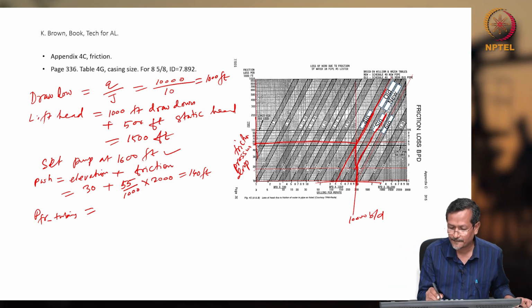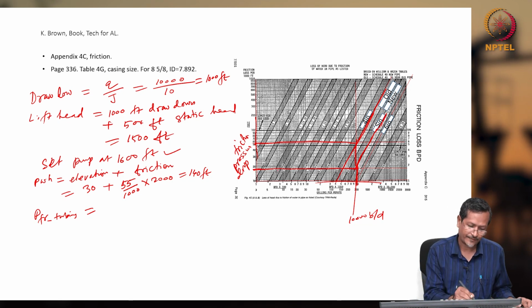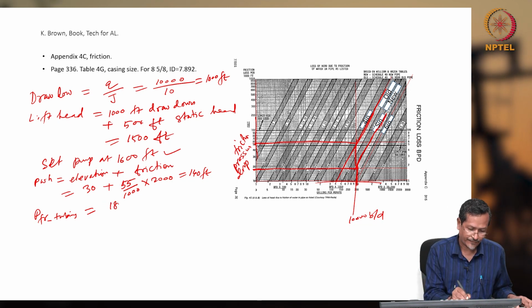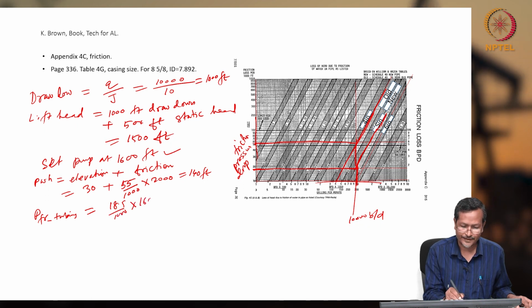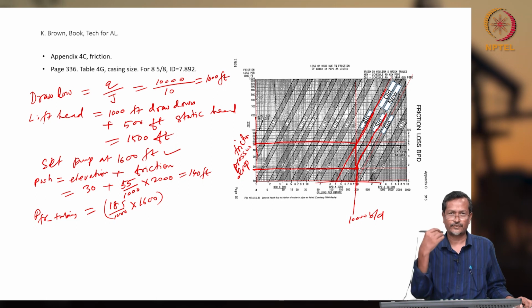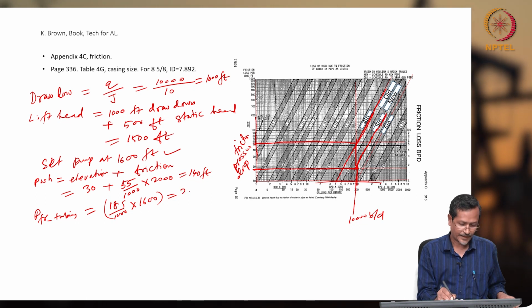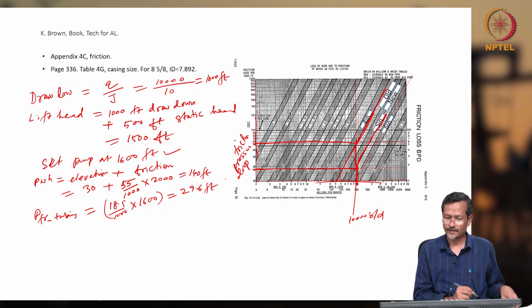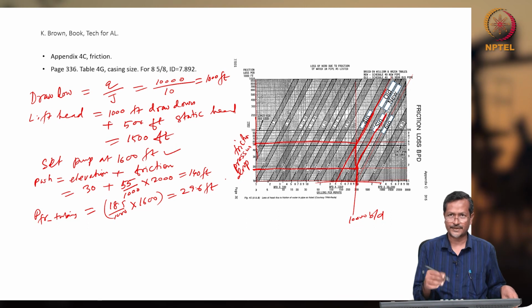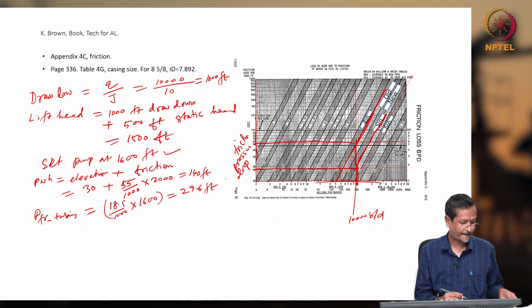If I go this side, it is becoming 18.5. So 18.5 divided by 1000 times 1600. Why 1600? Because already we said that the pump you have to put at 1600. So in total it is becoming 29.6 feet, for new pipe. If old pipe is there, then the friction value will be different.